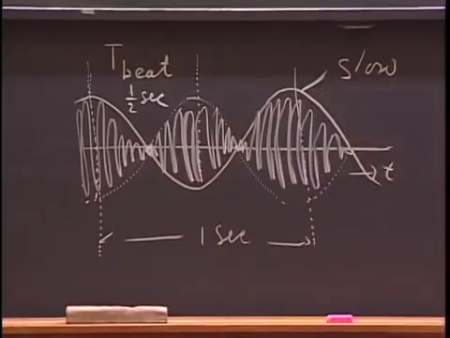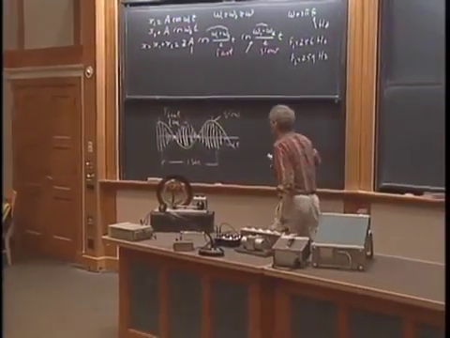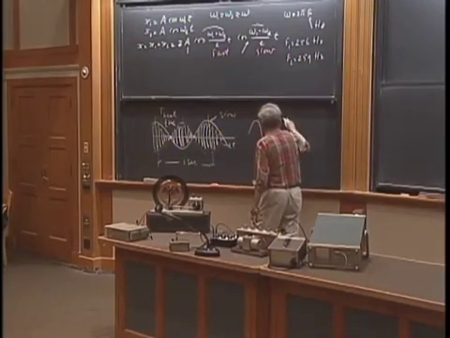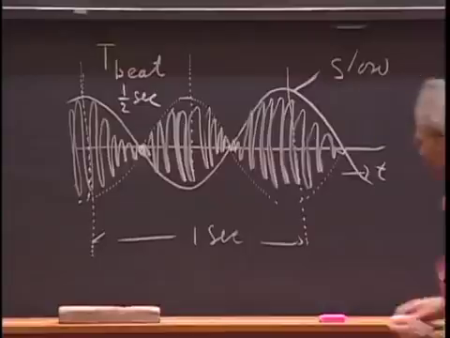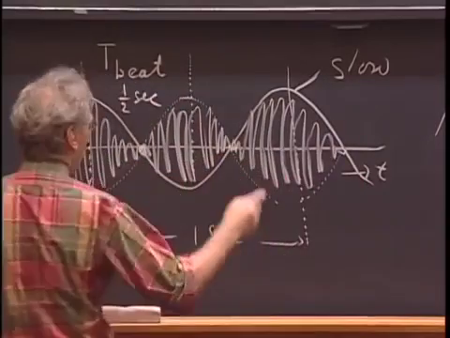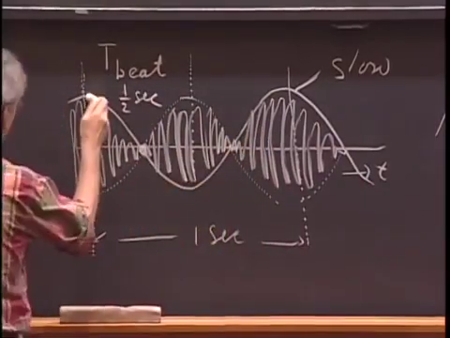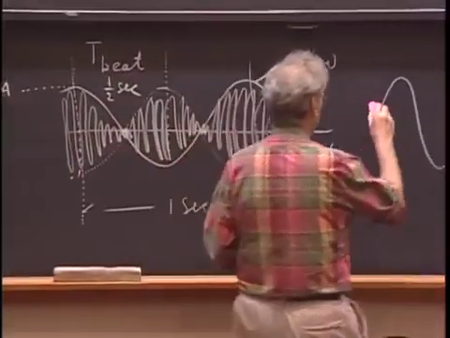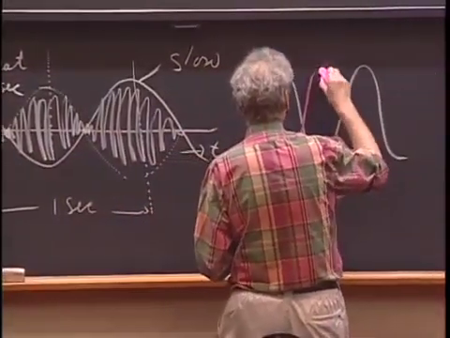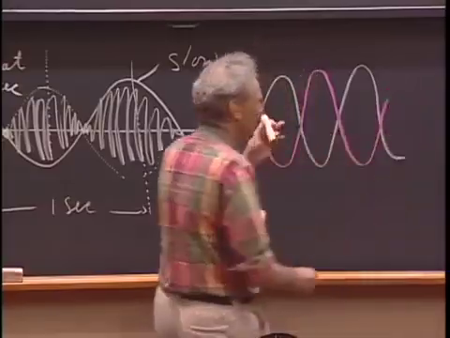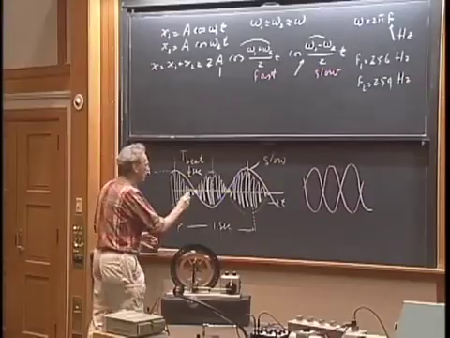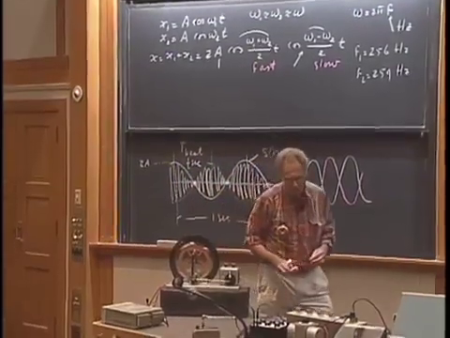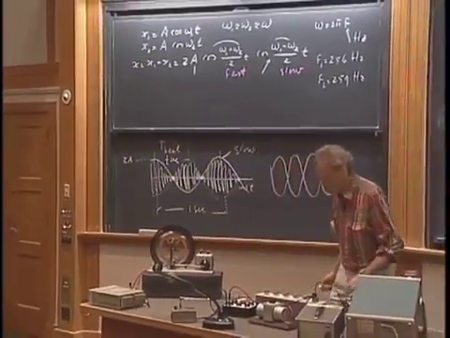So if you want to see in your head what is happening, then if one oscillation is like this, then when they are in phase, each one has an amplitude A. When they are in phase, you get 2A. But when they are 180 degrees out of phase, you have to add this, and the net result is 0. And that's the case here, and here, and there. And this is known in the literature as the beat phenomenon.